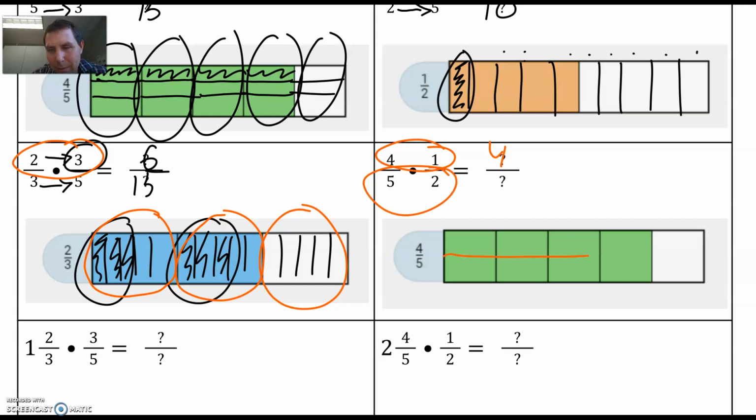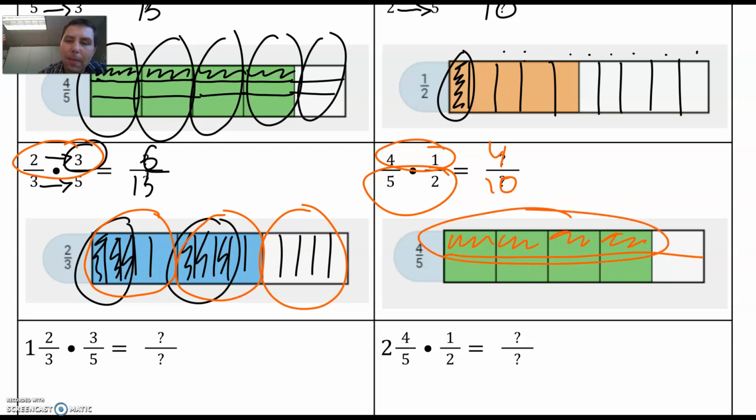We're going to slice it into 2. There it goes. So that would give you 5 groups of 2, so there's 10. And now notice here visually, I only want 1/2 of each of those pieces. So 1/2 here, 1/2 here, and 1/2 here. In other words, you have 4 groups of 1, and that would be 4 out of 10.